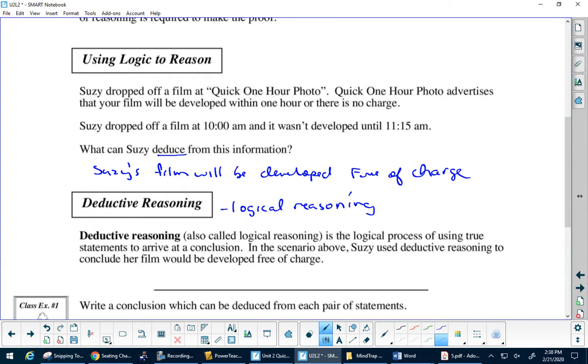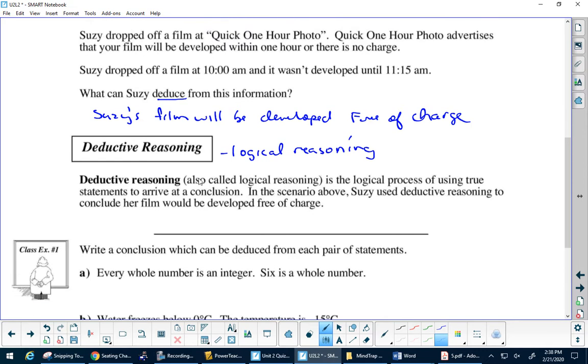So, also called logical reasoning is the logical process of using true statements. Now this is very, very important. The statements themselves must be true to arrive at the conclusion. So someone says, when the stove is on, it's freezing cold.